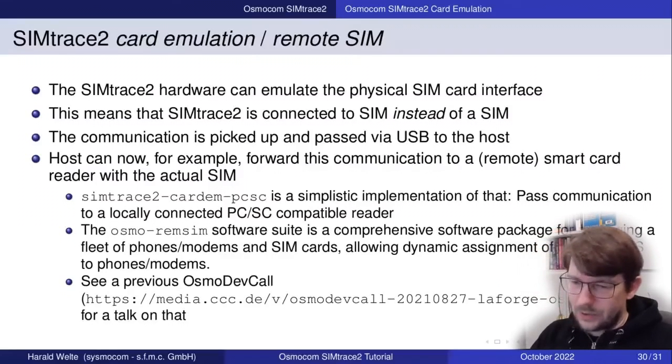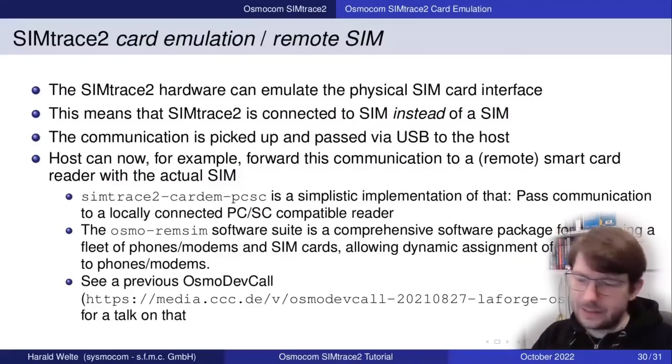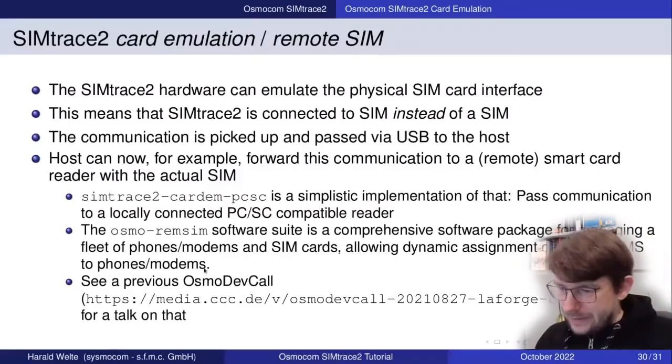It will be open source, and just the development of this couldn't be in open source because the customer wants to make some press releases and so on. But there will soon be a fully open source emulation for a SIM card that you could then run on the host against a SIMtrace device and without any physical SIM card. And you could use that to play with SIM cards in a different way.